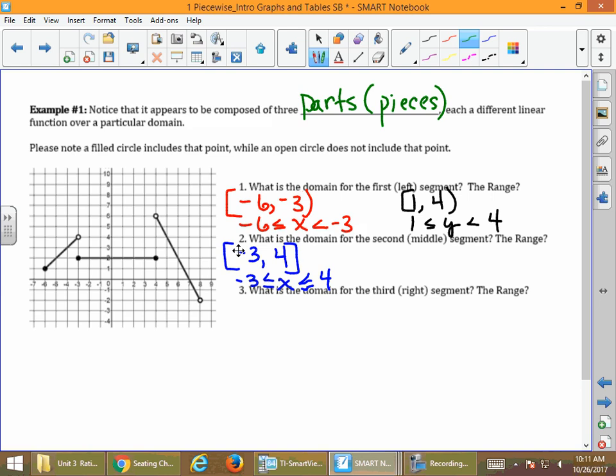Every single y value in that middle piece, which is a horizontal line segment, is 2. So in interval notation, we can just write it as 2 to 2, a little bit weird. Or we can write 2 is less than or equal to y is less than or equal to 2.